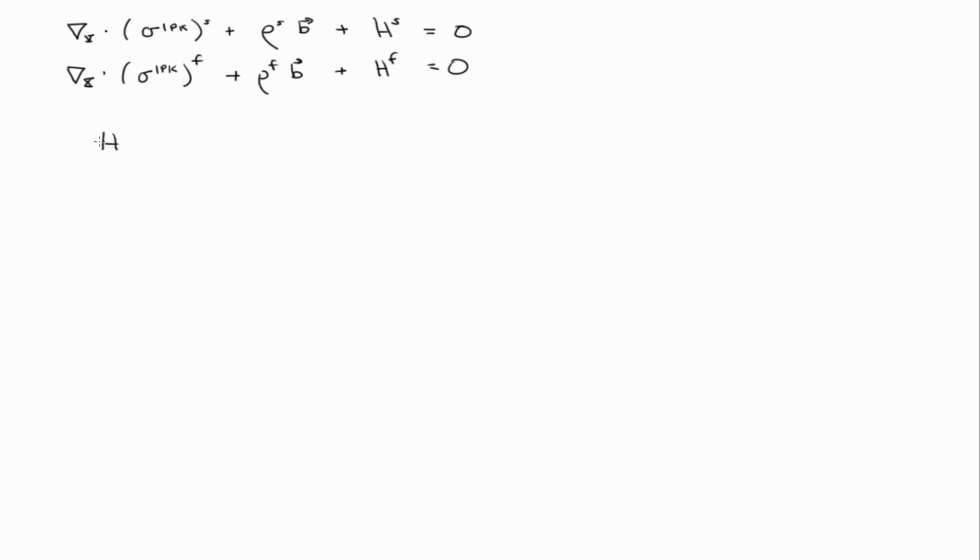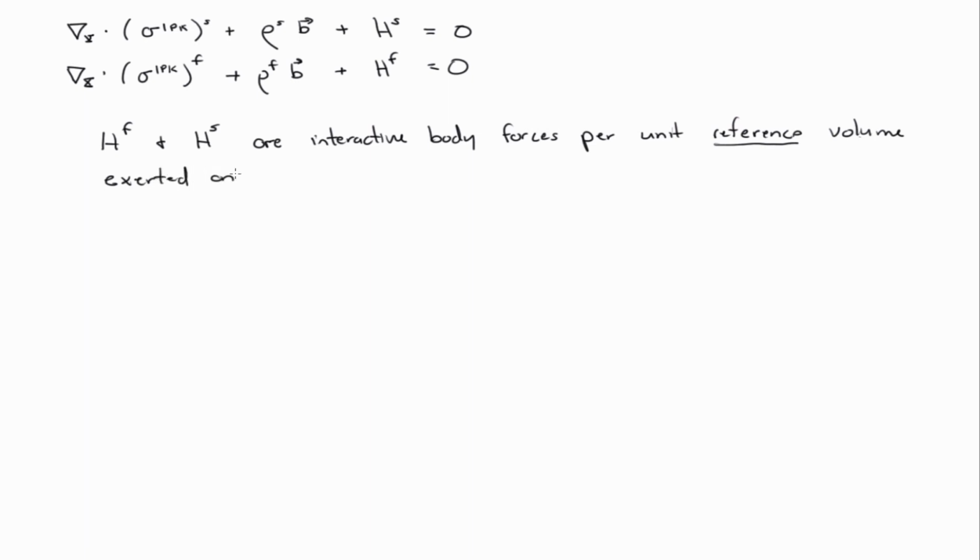So HF and HS are interactive body forces per unit reference volume exerted on the corresponding phase or species.